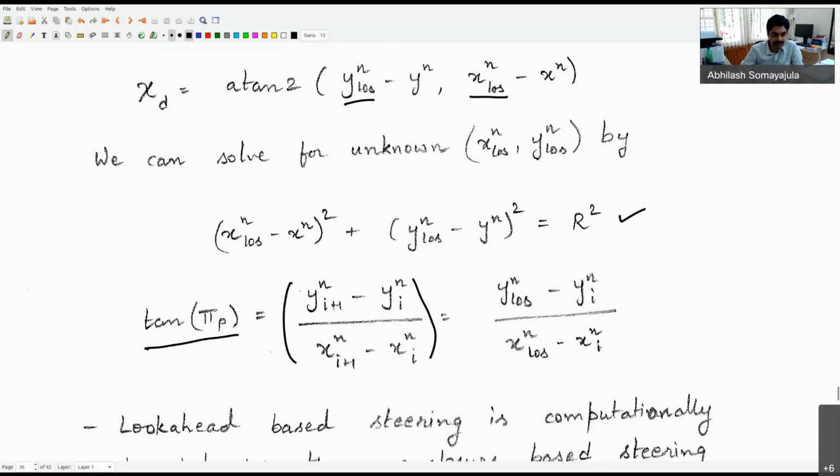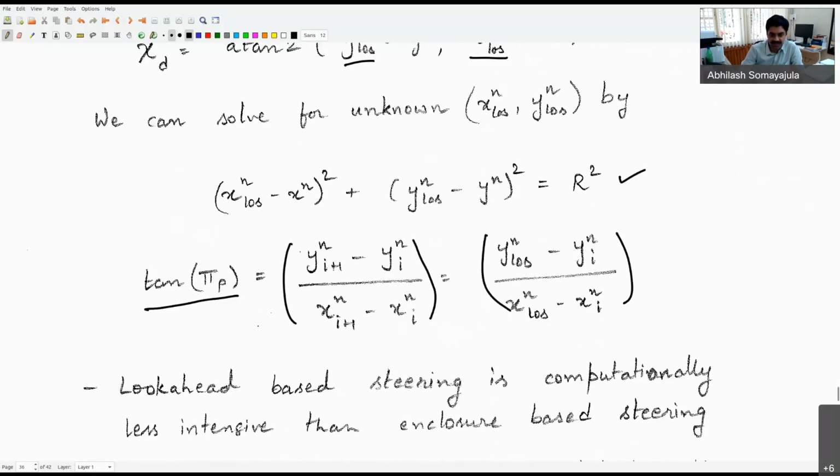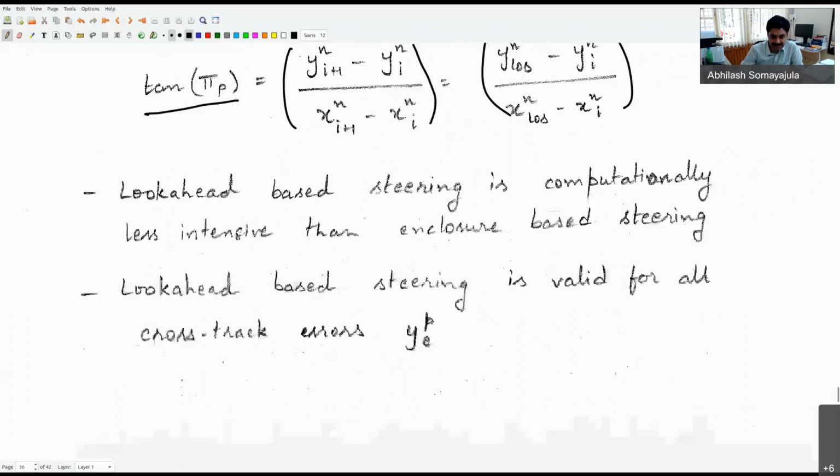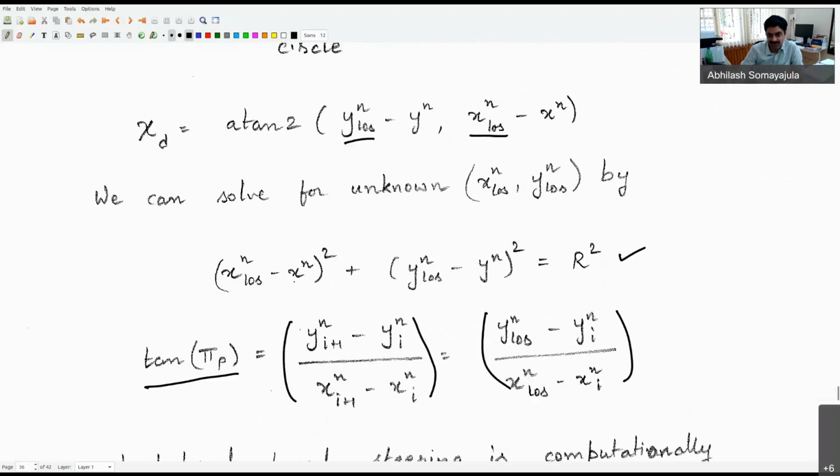That same thing is also equal to the slope between the y LOS, x LOS point and the original waypoint, because they all lie on the same line. This is the first waypoint, this is the second waypoint, and this is the point. All three of them lie on the straight line, so the slope between any two points should give me the same value. So this will basically give me the required equations to find x LOS and y LOS.